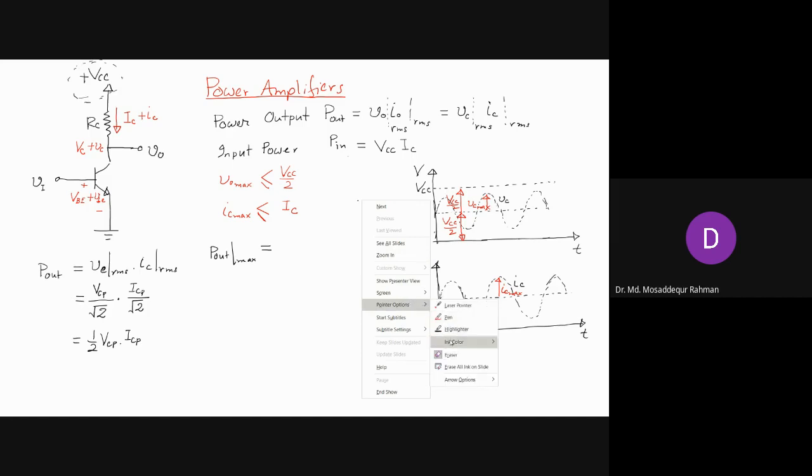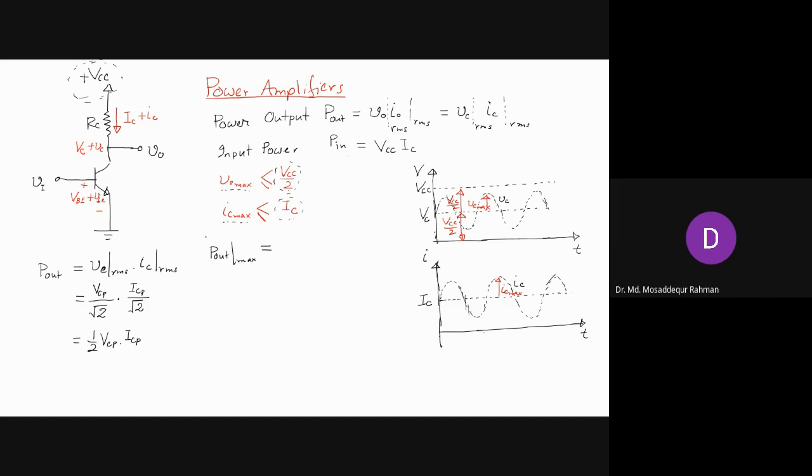So what will be our maximum output power? The maximum output power we will have is when V naught max and IC max have their maximum peak values. The maximum value for the voltage is half of VCC, and for the current it is IC.